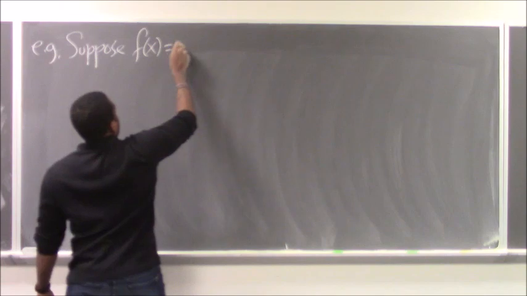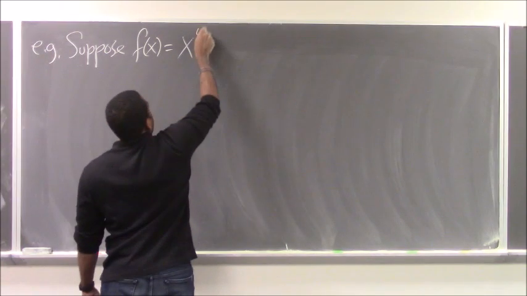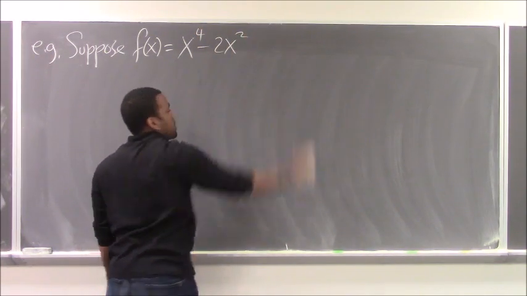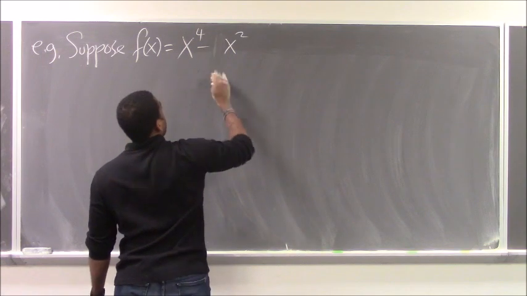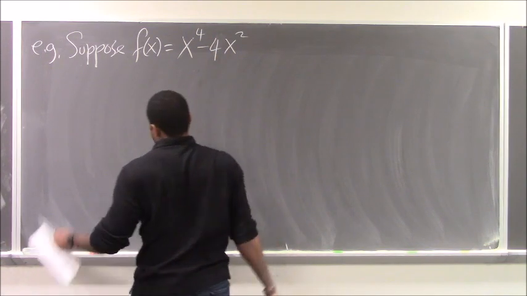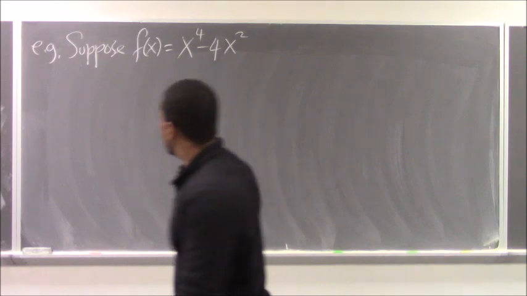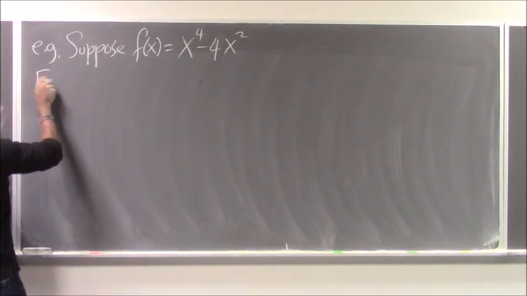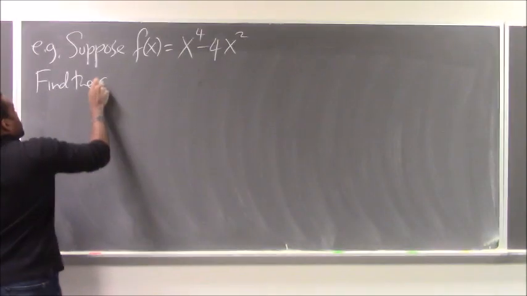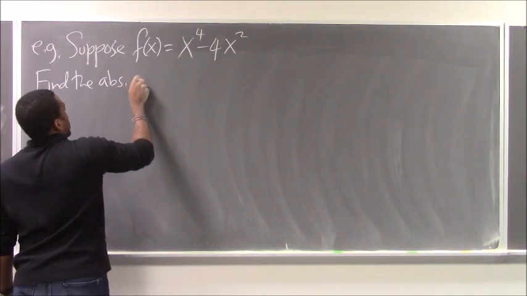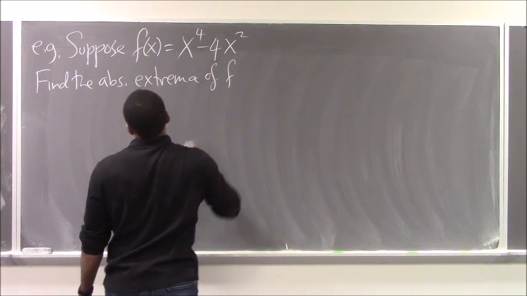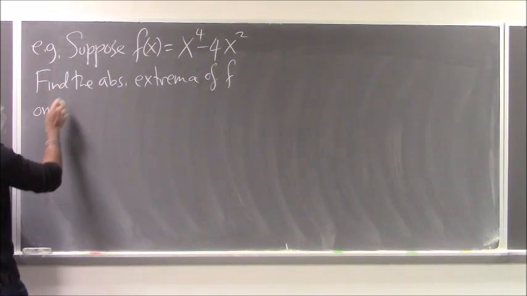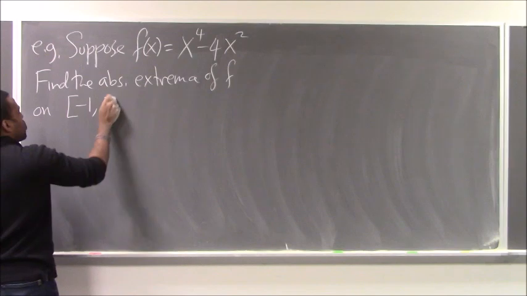Suppose f of x equals x to the 4th minus 2x squared. I want to say, what was the example I picked here? Minus 4x squared. Find the absolute extrema of f on the interval minus 1 to 3.